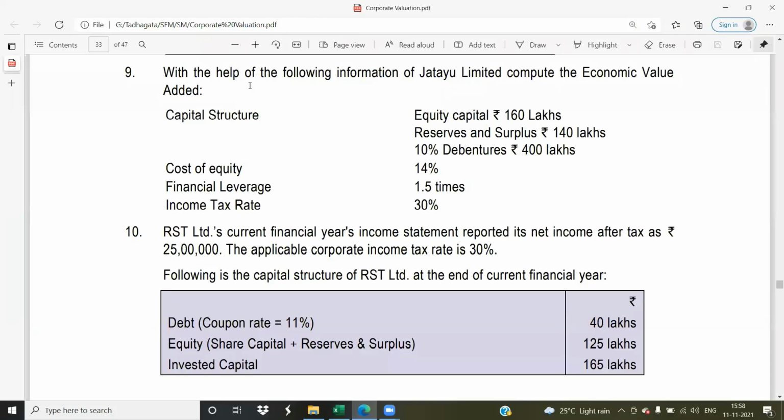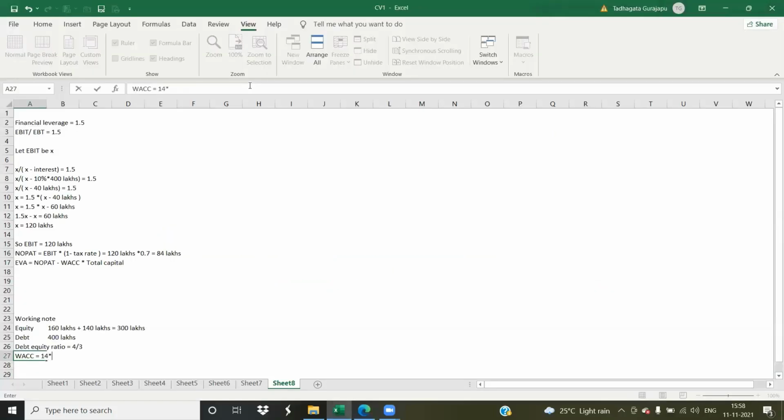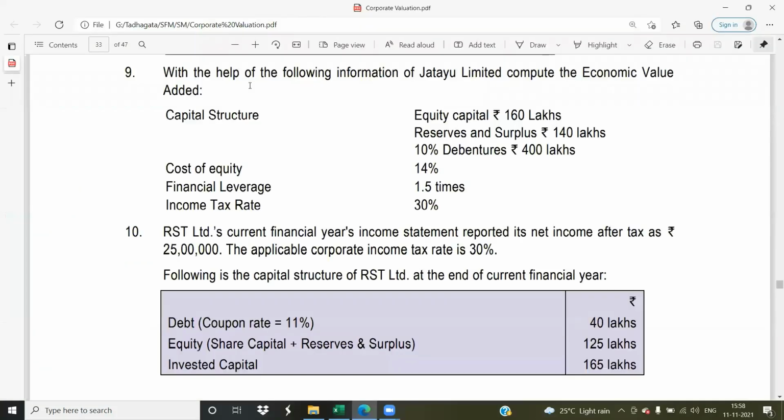So now WACC is equal to, what is cost of equity? 14%. 14% into 3/7 plus, what is cost of debt? Cost of debt is 10%. You have to do post-tax cost of debt.